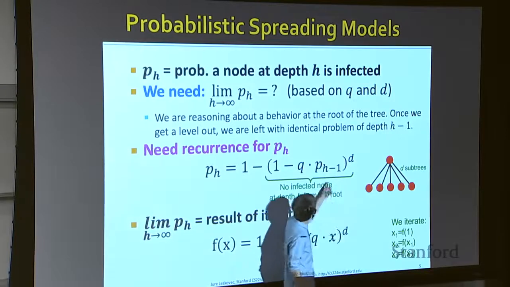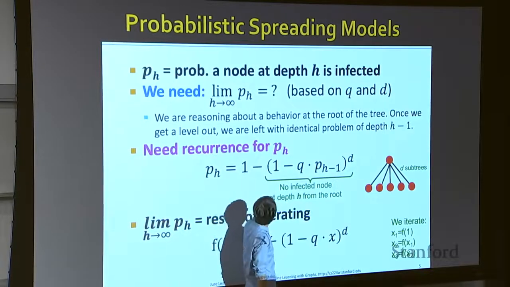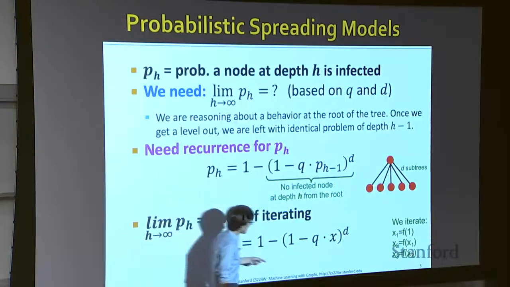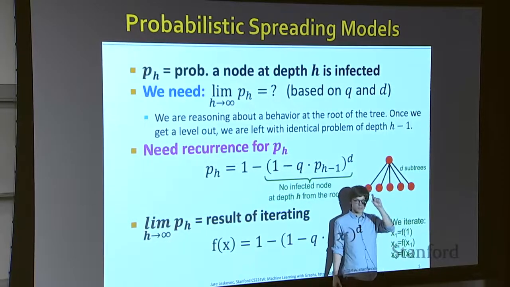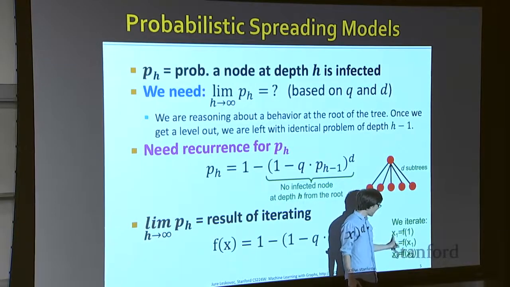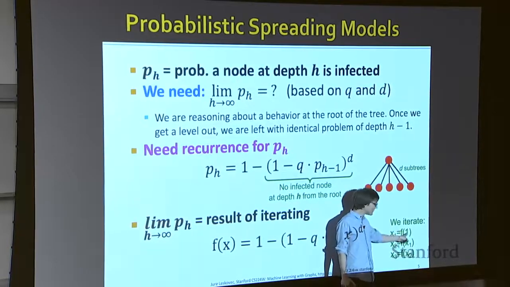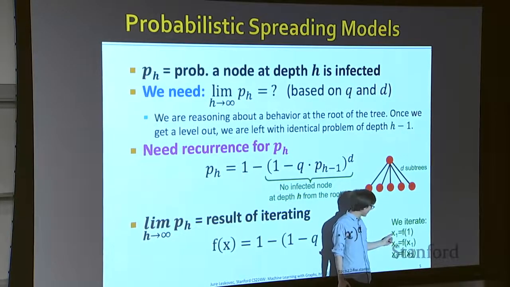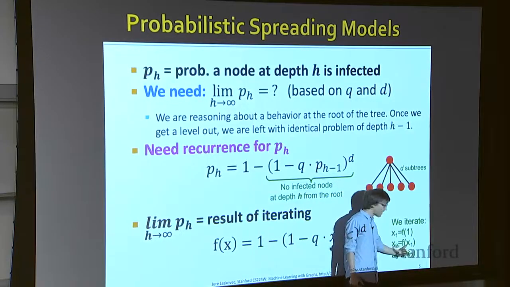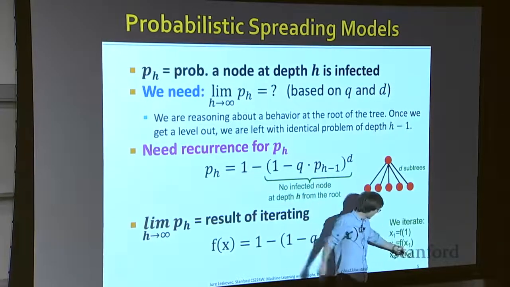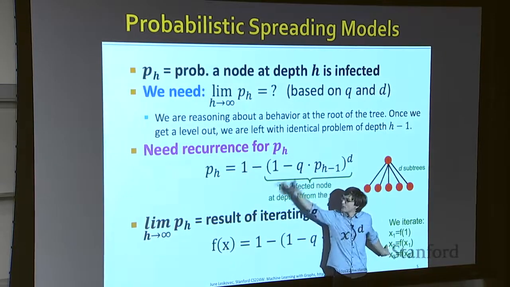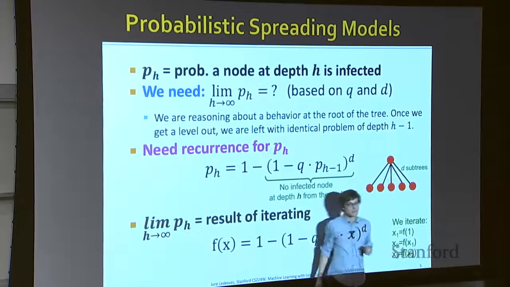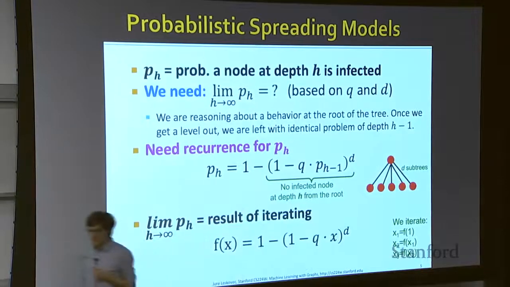I'm just unrolling this iteration by writing it as f of x, and then I start with x equals 1, which means with probability 1 there is an infected node at the root. Now I get at depth 0 the probability that there is an infected node at depth 1. I evaluate it at depth 1 to get the probability at depth 2. I evaluate at depth 2 to get depth 3, and so on. Okay, that's what I mean by that.